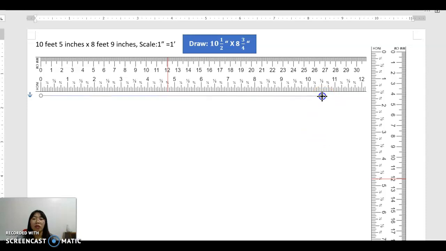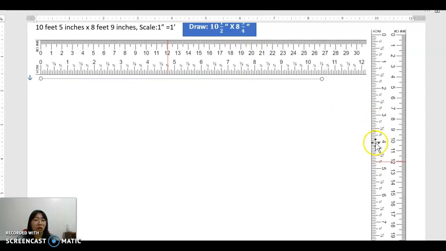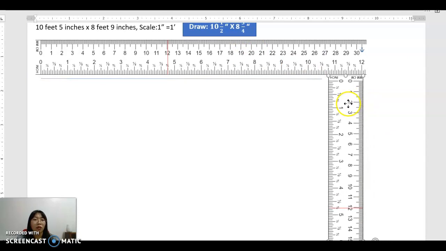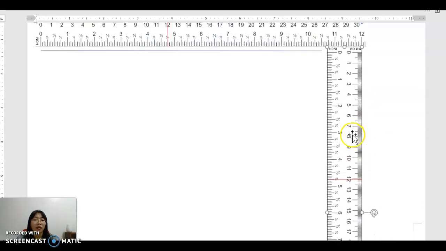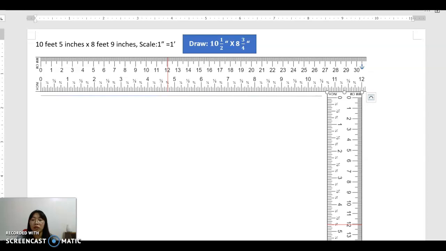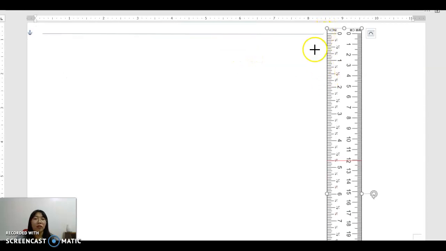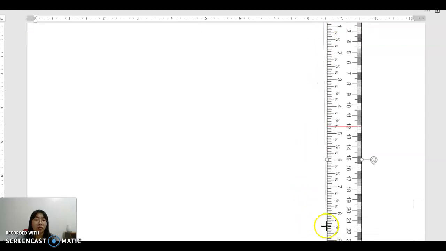Okay. Then 8 and 3/4 inches. So you can grab the ruler here. 8, and then 3/4 is here.